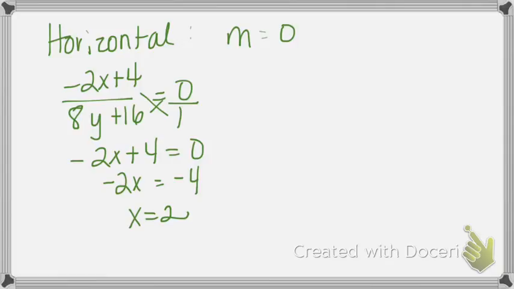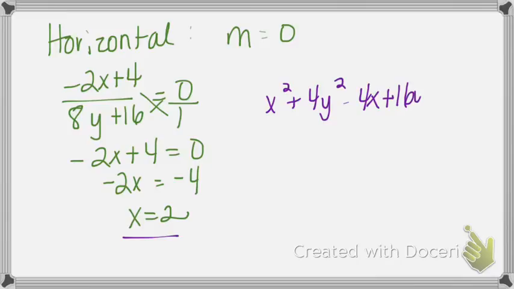Well, I'm not finished because I need to know the y value. So I plug this x equals 2 into the original equation, x squared plus 4y squared minus 4x plus 16y plus 4 equals 0, because that's the original xy equation. I'm going to plug the 2 in for x there. So I'm going to have 2 squared, 2 times 4 is 8.